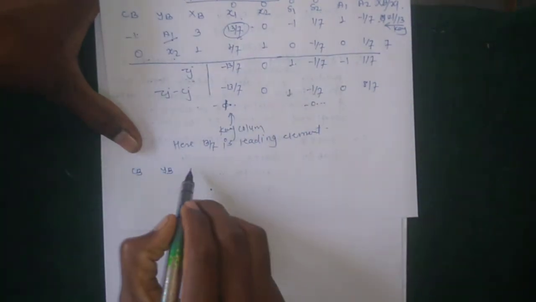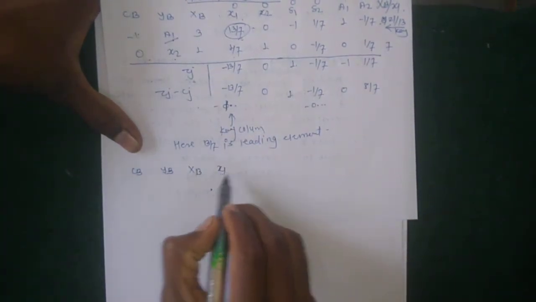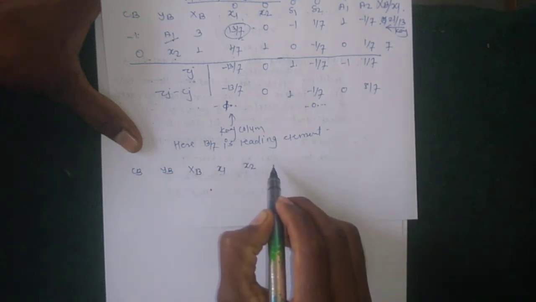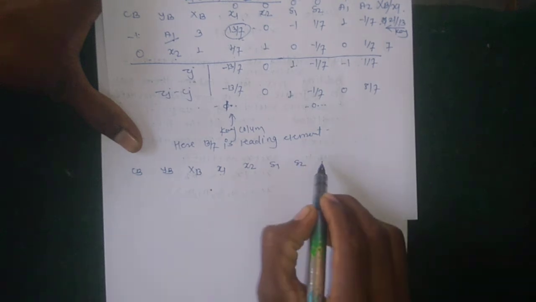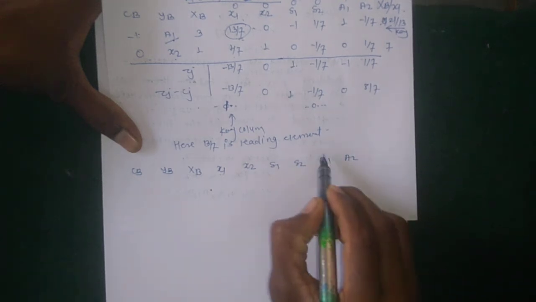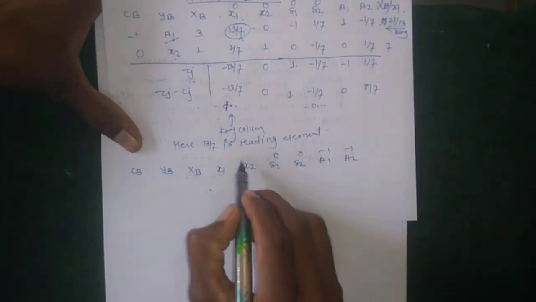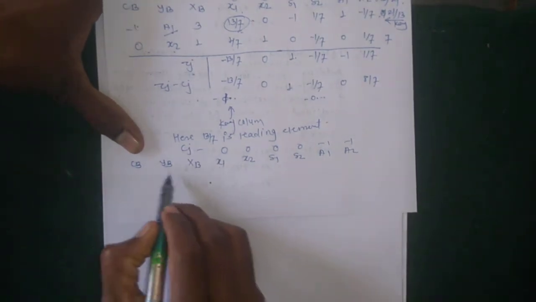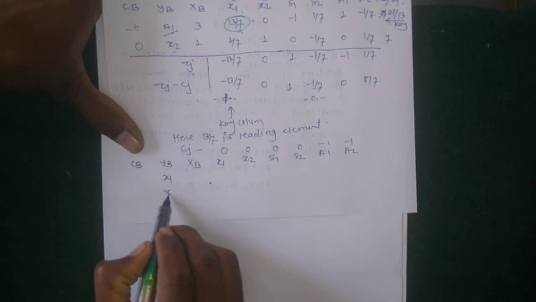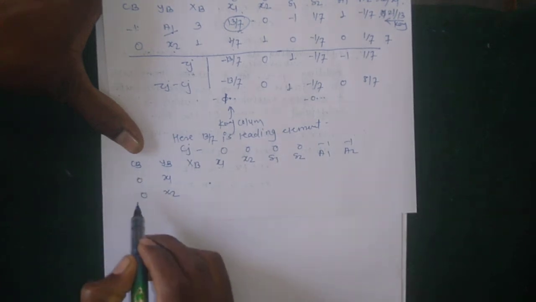Then XB, then x1, x2, then s1, then s2, then a1 and a2, -1 -1 0 0 0 0. This is CJ. Then here x1, x2, their values are 0.